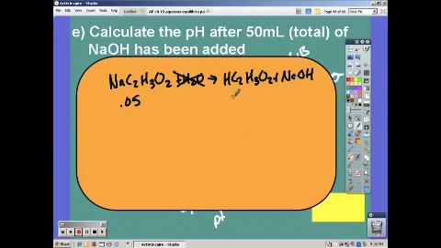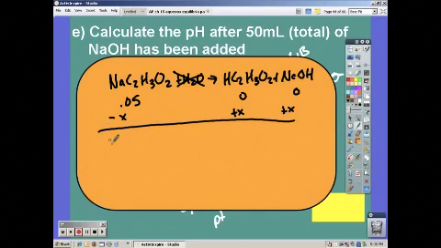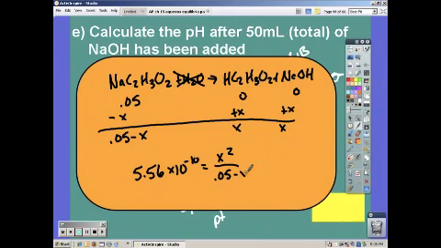We have 0.05 molarity, 0, 0, minus x, plus x, plus x. So normal weak base equilibrium like in the previous chapter. Remember, you got to get your Kb. So it's 5.56 times 10 to the negative 10th. And when we solve for x, it's going to be our concentration of OH.